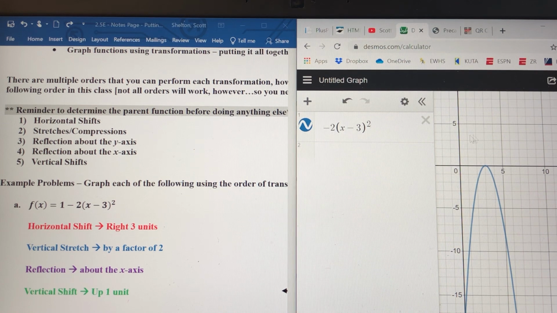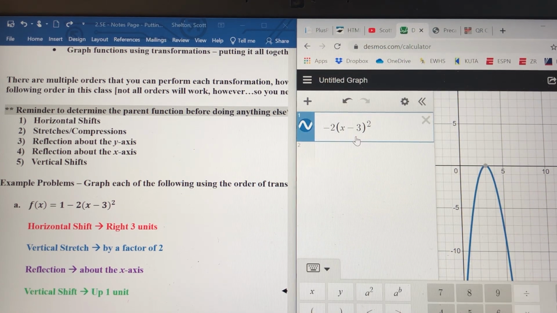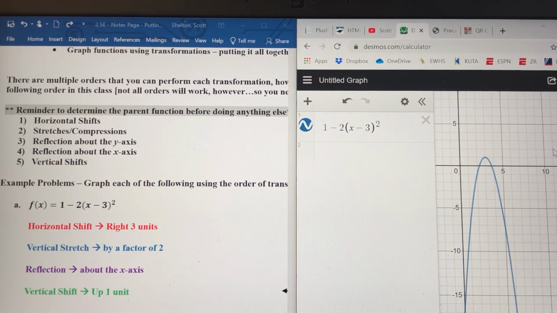Okay. And then the last thing is to put the vertical shift in. I'm going to add the 1 out front, and you'll see the graph move up 1 unit. Okay? All right, so we went through those transformations in order. Right 3, stretch by a factor of 2, reflect about the x-axis, and then a vertical shift up 1 unit.